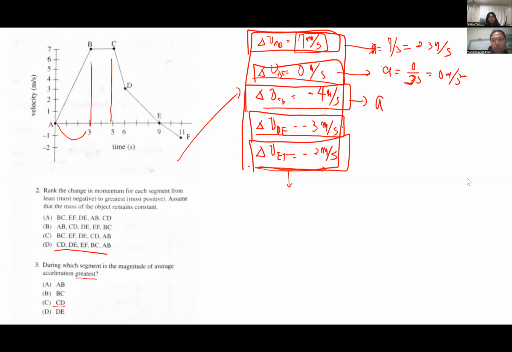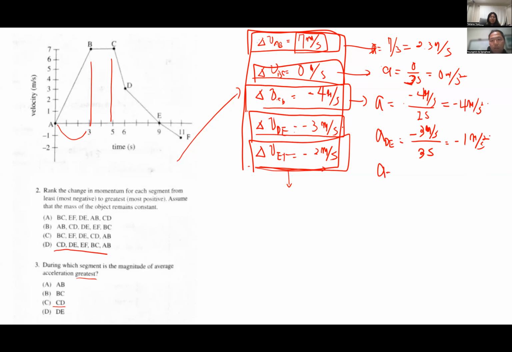And the acceleration in CD is minus 4 meters per second divided by 1 second, so the acceleration is minus 4 meters per second squared. And along DE is minus 3 meters per second over 3 seconds, so that is minus 1 meters per second squared.